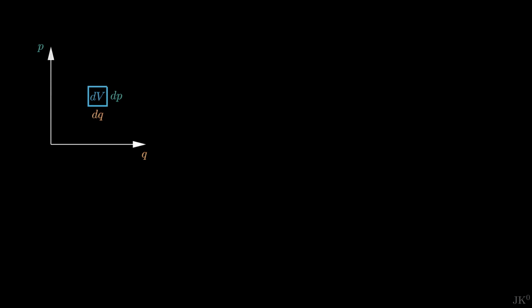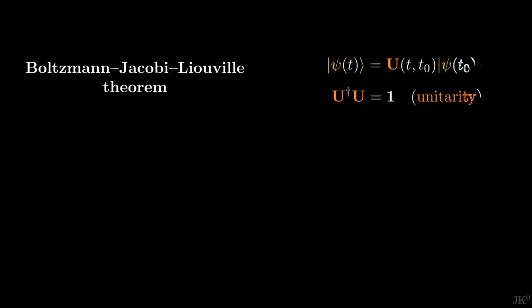It is interesting that the volume in phase space for each degree of freedom has units of action, just like Planck's constant. With the advent of quantum mechanics, some fundamental principles got updated. The Boltzmann-Jacobi-Liouville theorem got replaced by a principle called unitarity, and the role of phase space of classical mechanics was taken by a linear vector space of states called a Hilbert space.